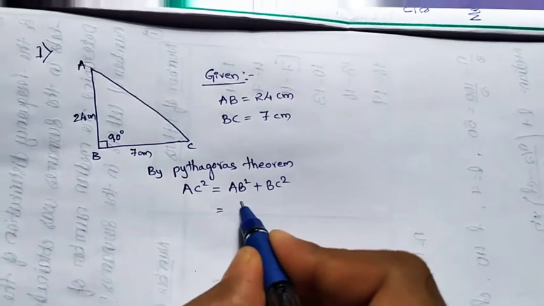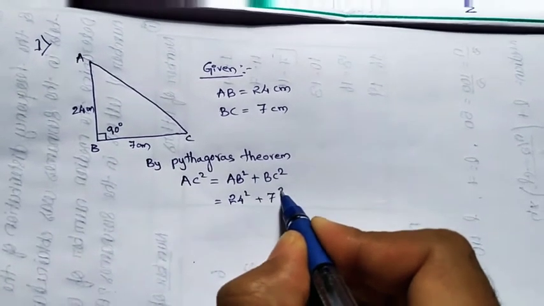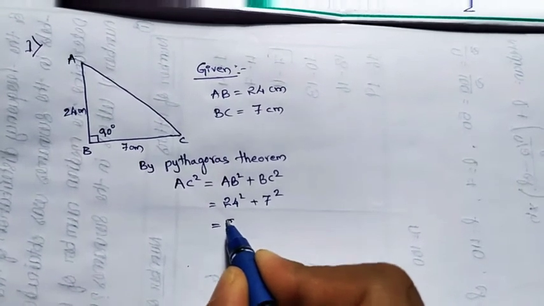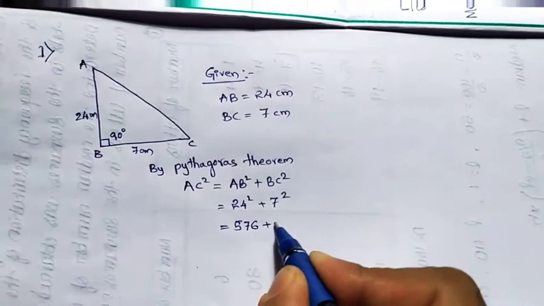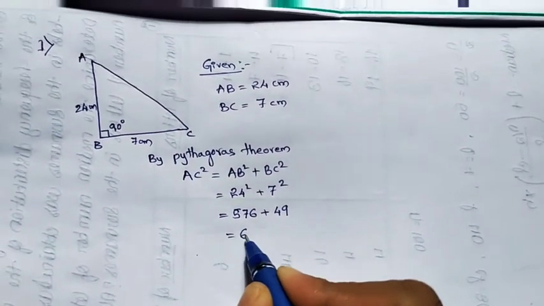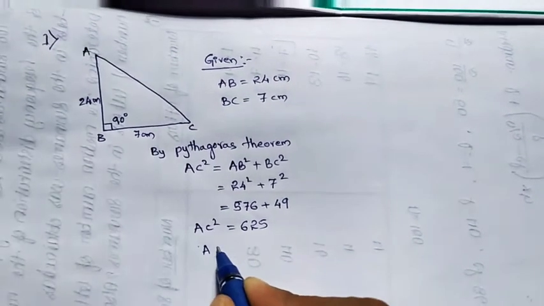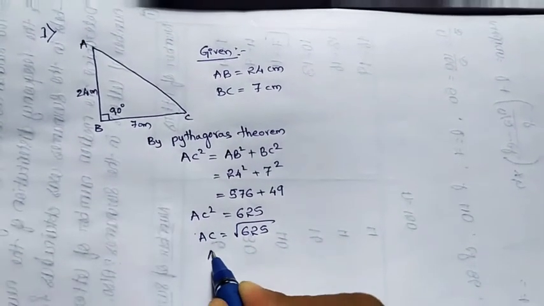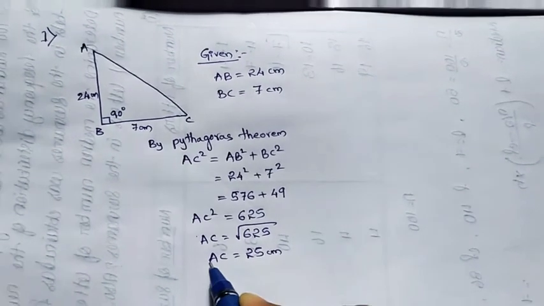So 24 square is 576 plus 7 square is 49. Adding these two, we get 625. So AC square is 625, then AC equals root of 625, which is 25 centimeter.